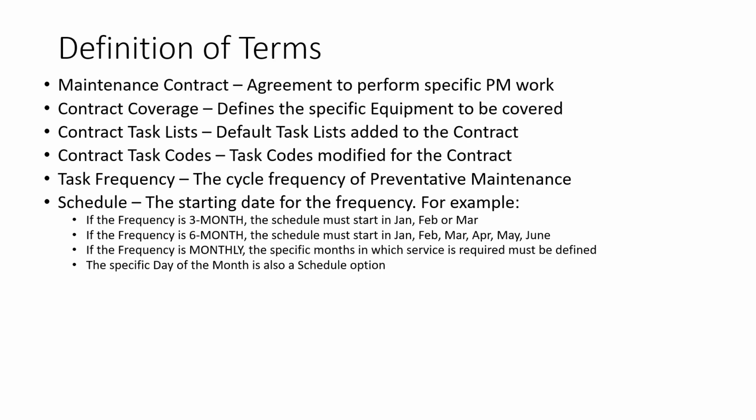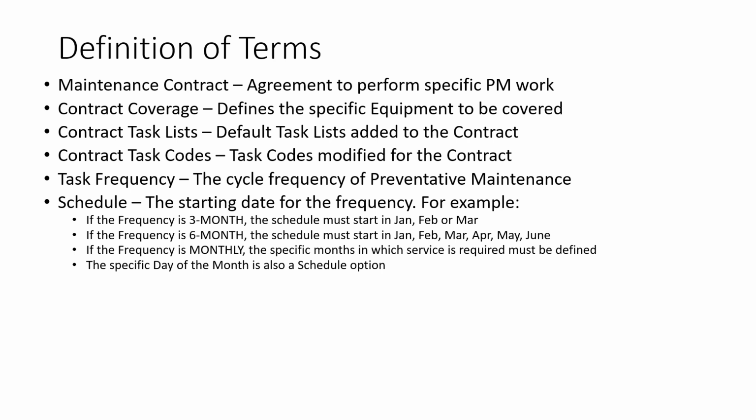Now, when a task list or task codes are modified, they're done at the contract level, and we then define them as contract task lists and contract task codes. The task frequency is the cycle of frequency of the preventative maintenance.